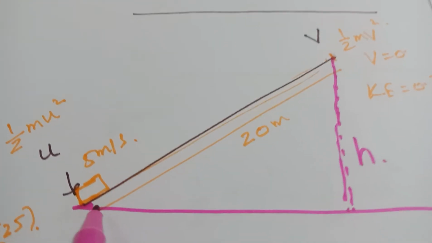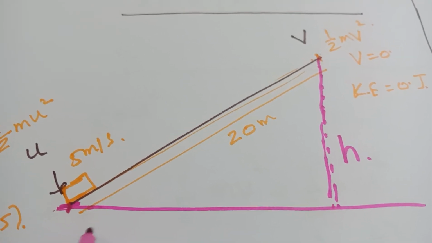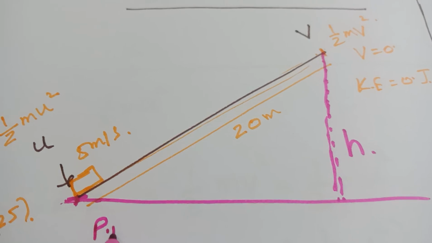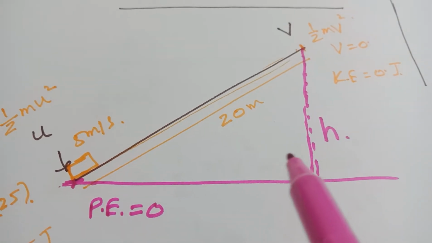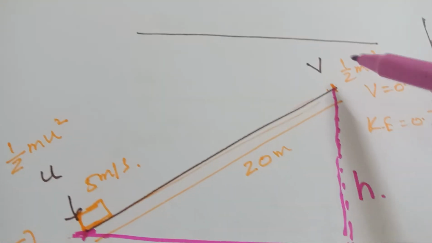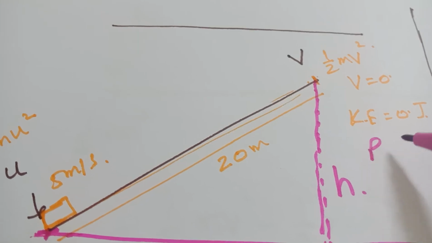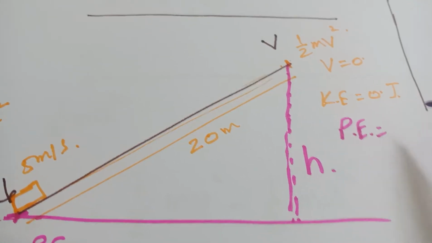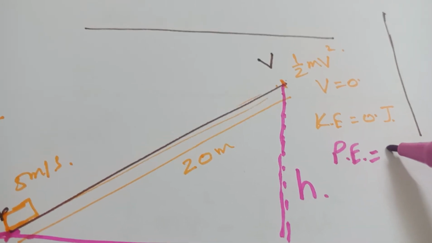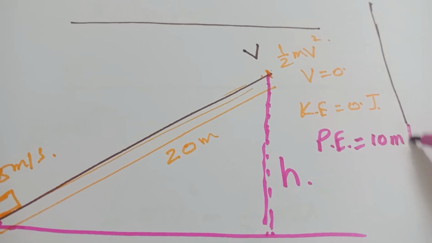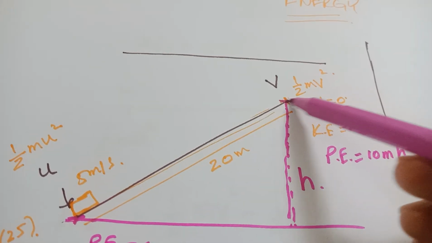Since this is the ground level, the potential energy over here will be equal to 0. And it has gained a height h over here, so the potential energy over here is going to be mgh, that is going to be 10 mh. So we have this much potential energy at this level.